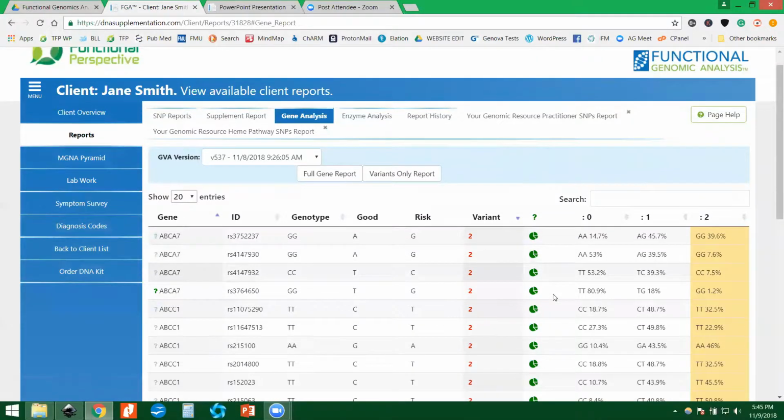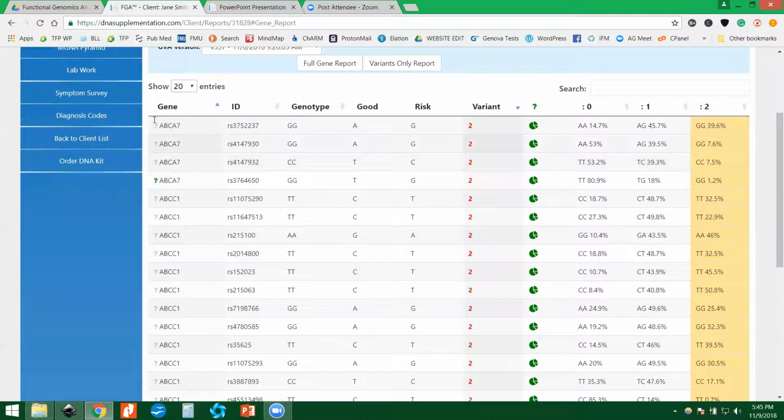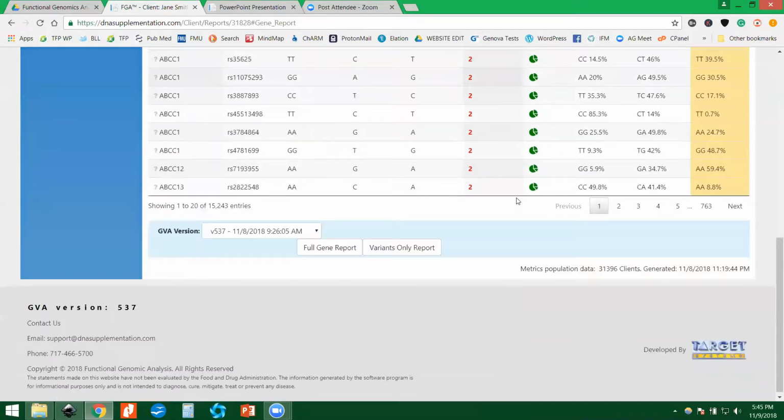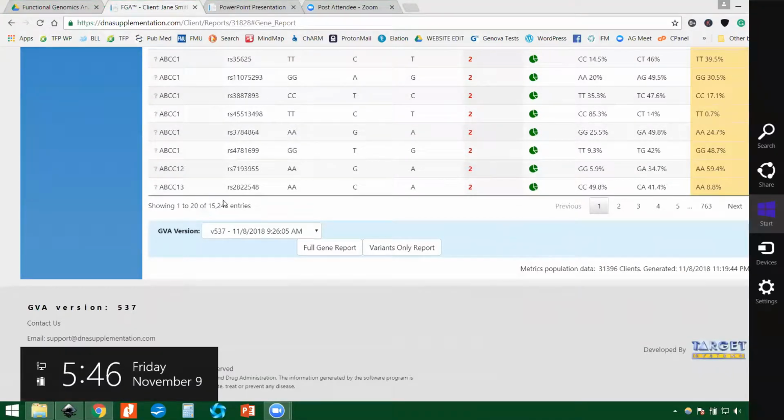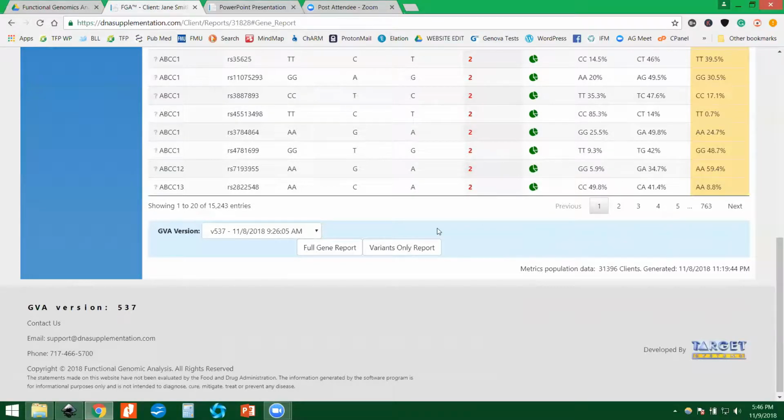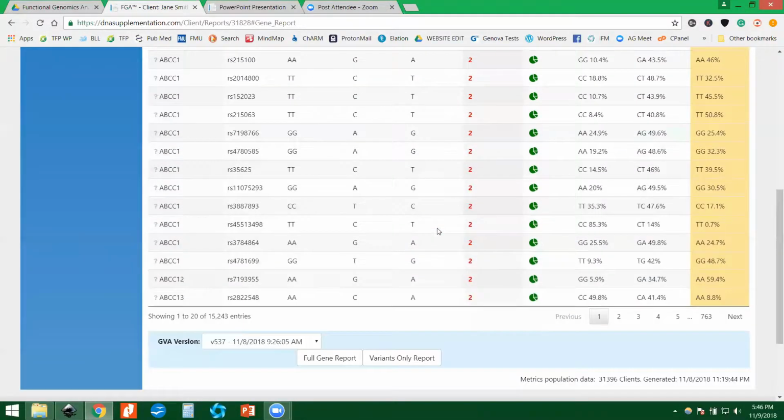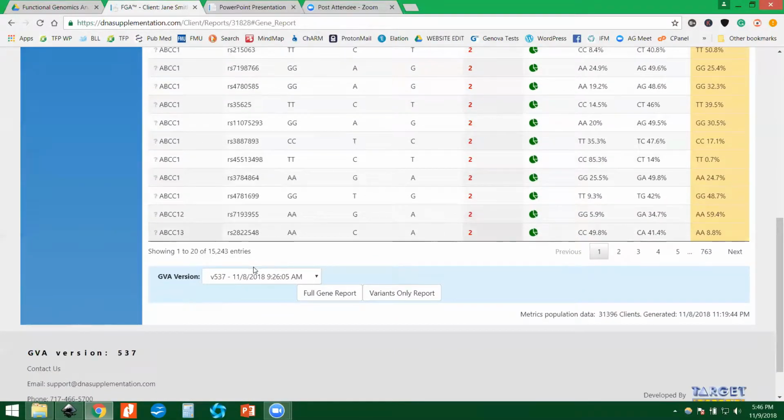This is basically just a list of the gene, the RS number, the genotype, what it's supposed to be, and the risk. And what do you have? The variant. So this is a homozygous. All these 2s are homozygous. And then here's some percentage that they see as good, the heterozygous, and how many they see homozygous. So this whole page has 15,000 entries. It's a significant amount of data.